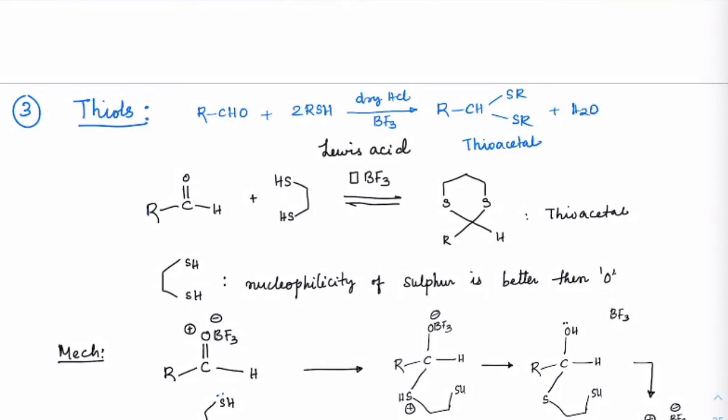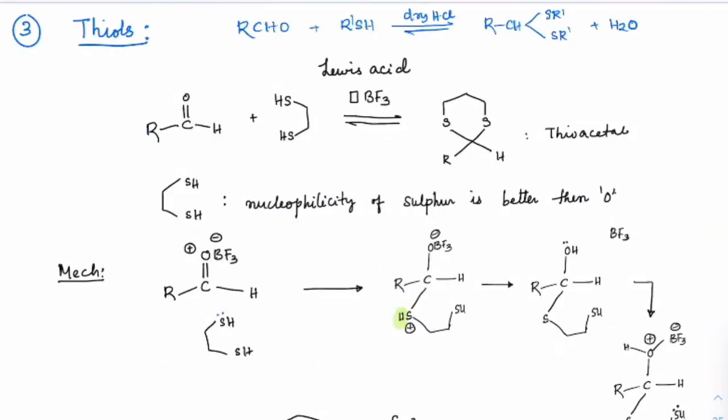Now again, just like what we have seen, if the cyclic case is there, that would make better thiol formations. That's why most of the reactions are done in cyclic cases. In the presence of BF3, the lone pair from oxygen can attack here, increase the electrophilicity of carbon, then SH can attack.